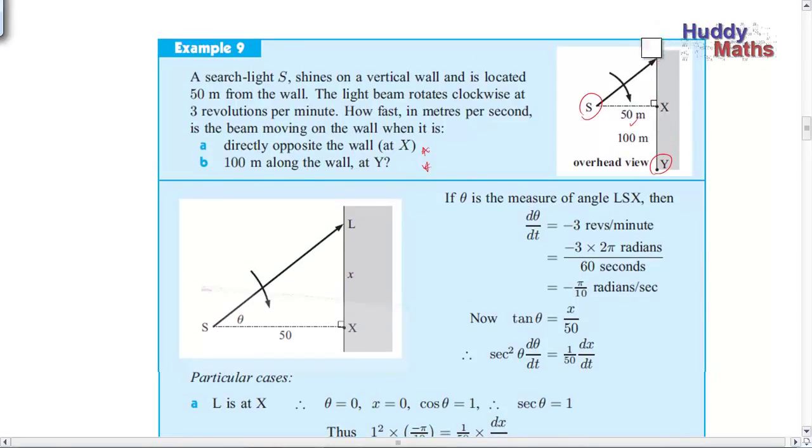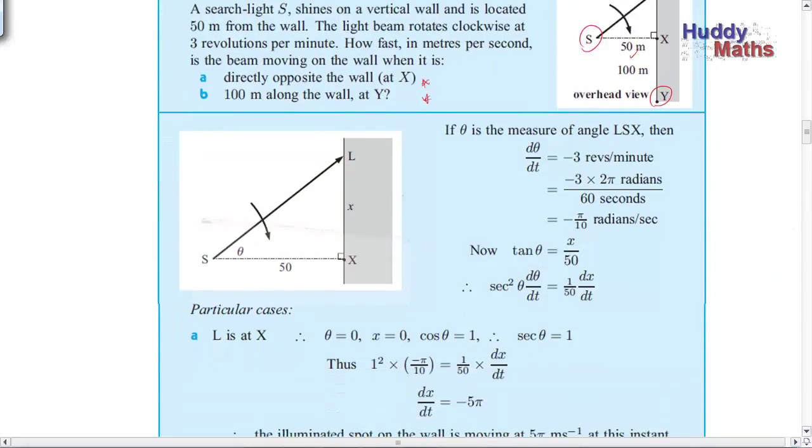All right, so let's have a look at this problem, and we need to do the diagram now. So here's our diagram, a mathematical model. We've got theta, we know its rate of change, and we've got x for the distance Lx. And this is swinging around this way. So what could we do here? We could say, given d theta by dt, it's rotating clockwise at 3 revolutions a minute.